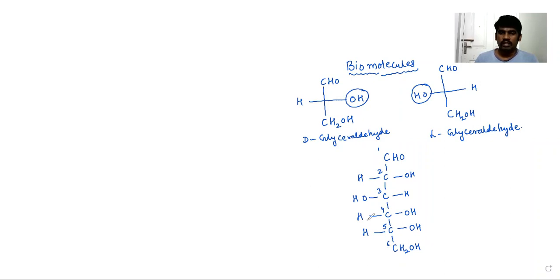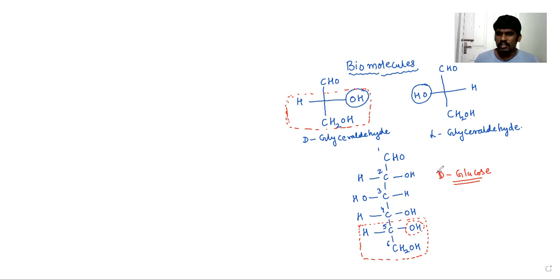If I highlight this part, it is almost similar to this part of glyceraldehyde. Yes or no? In which the OH group is on the right hand side. Hence, it is to be taken as D-glucose.